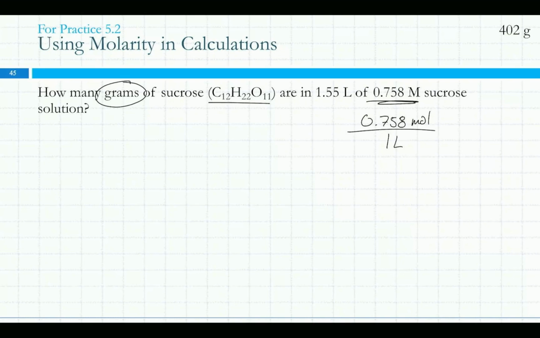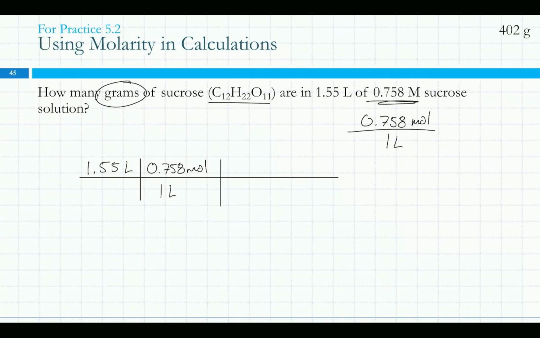And my starting number, or the other number I'm given, is 1.55 liters. So I can convert 1.55 liters into moles, and then use the chemical formula to find grams. So we start with 1.55 liters of the solution. It's 0.758 moles per 1 liter.